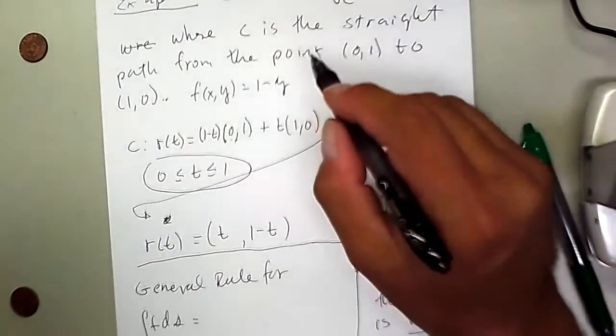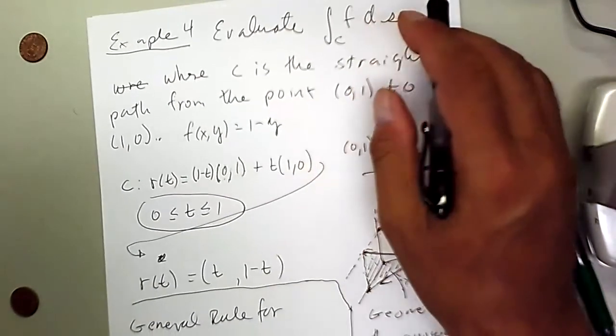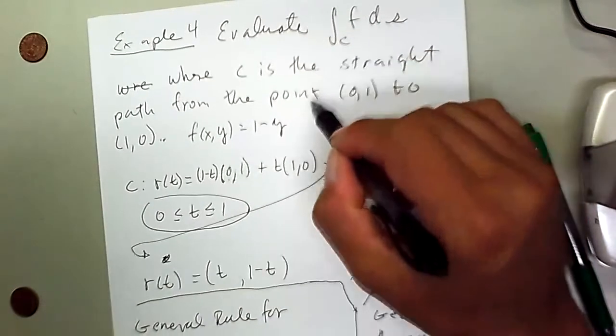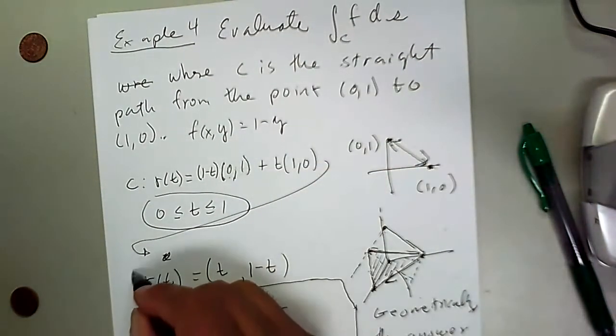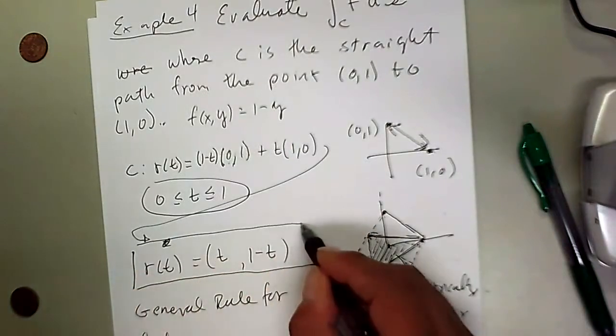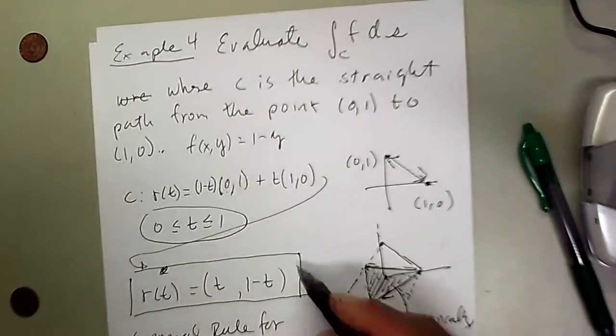Now, I want to emphasize, many times we don't give you this equation. If it's a straight path especially, you have to come up with that. And I just explained how.